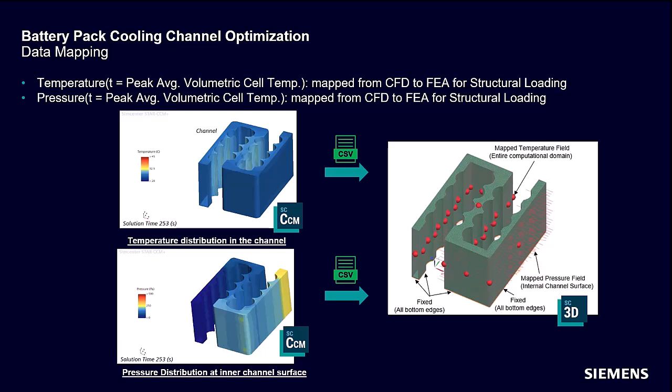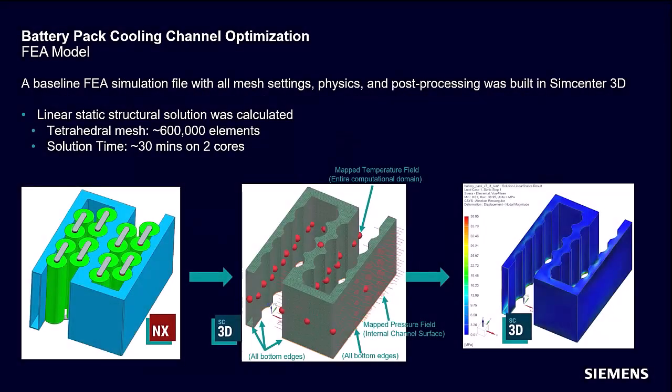This allows the data to be utilized as loads to conduct the thermal structural analysis, performed using the Nastran solver within Simcenter 3D. HEEDS will automate this step of data mapping, going from computational fluid dynamics to finite element analysis. Like the STAR-CCM+ sim file, a baseline finite element model was built in Simcenter 3D to be used as input into HEEDS.